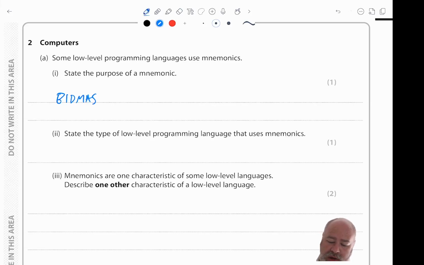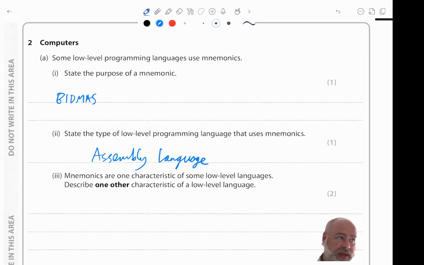So in the context of this, we're talking about assembly language, which I'm just answering. It's the second question here. So I'll state the type of low-level program that uses mnemonics. So what is the purpose of them?